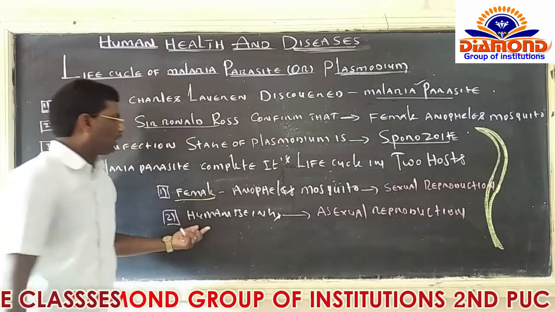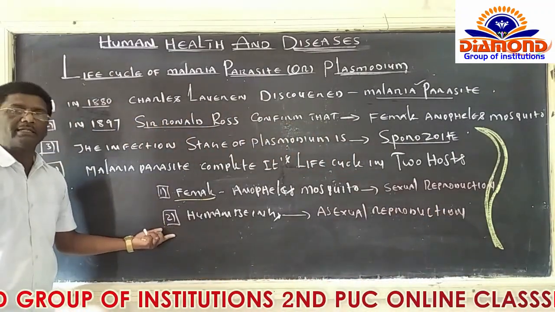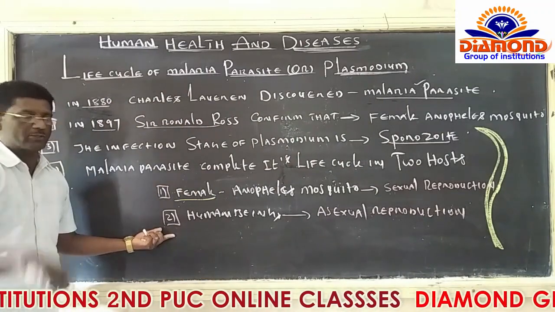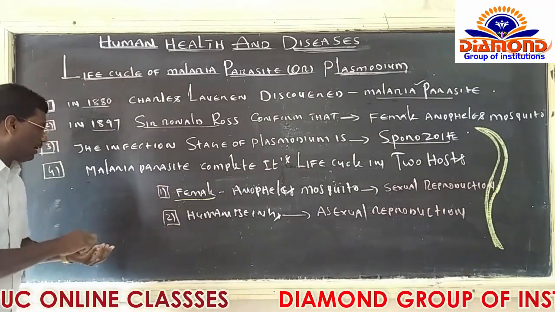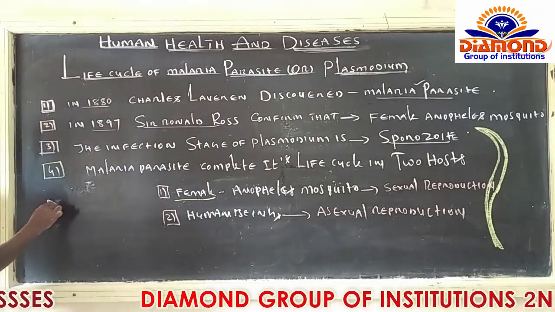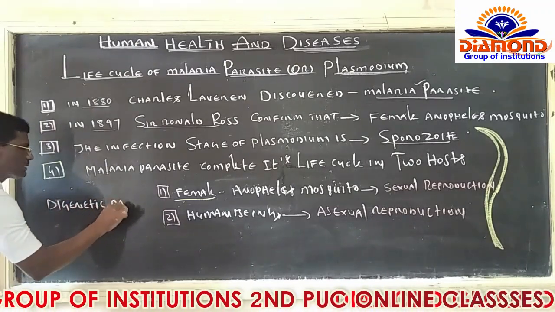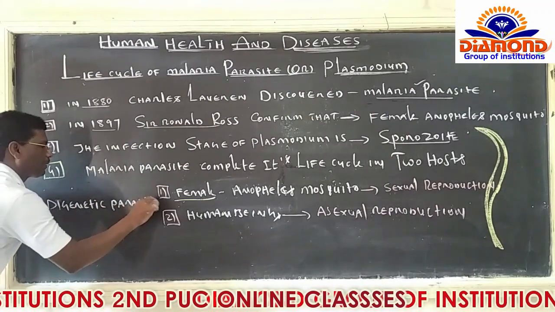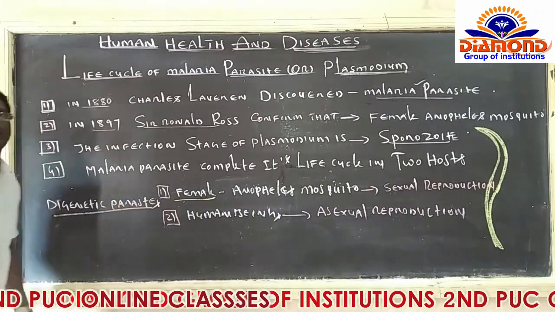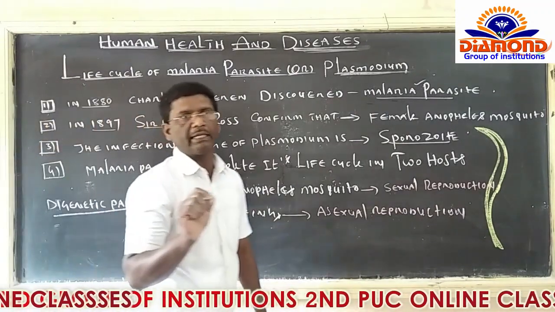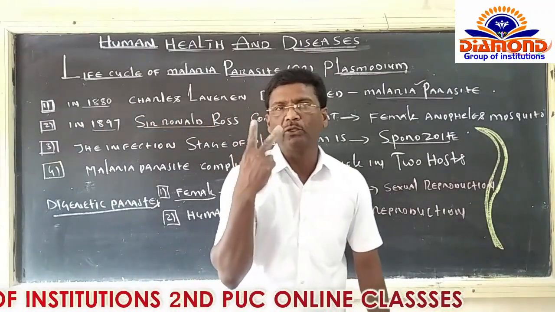So to complete its life cycle, this parasite really needs two hosts. Such parasites are called digenetic parasites. Digenetic parasites means the parasites which can complete their life cycle in two hosts.